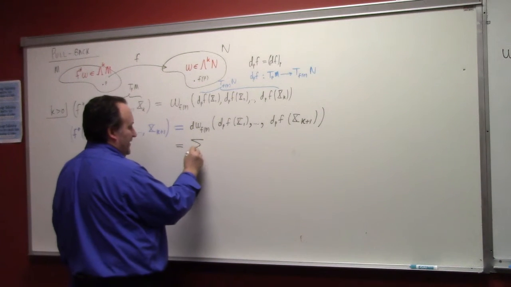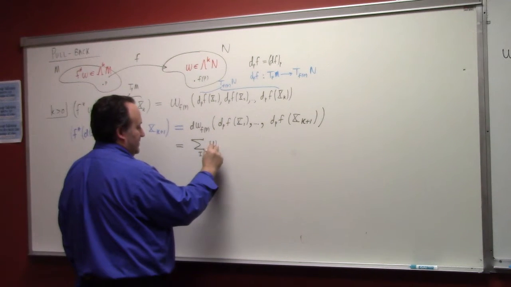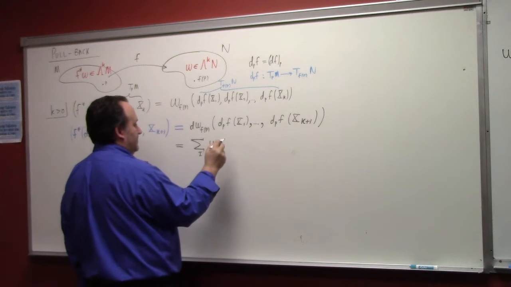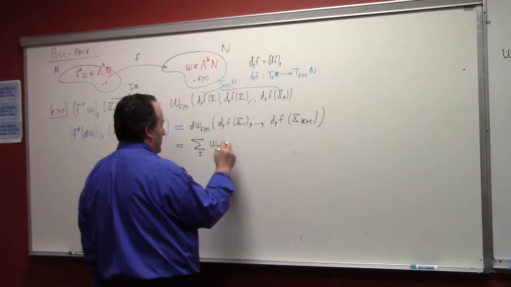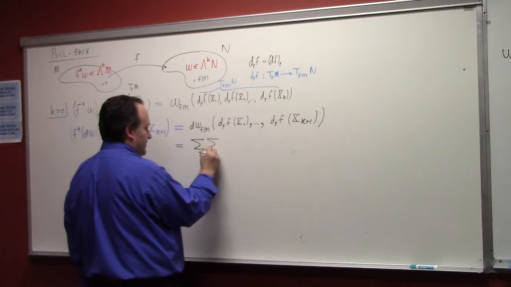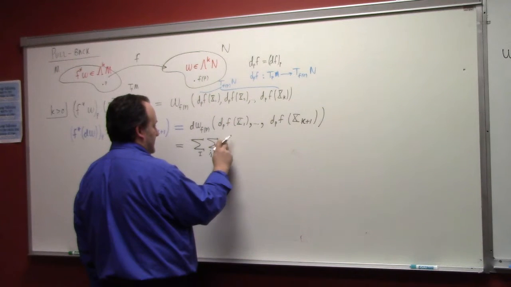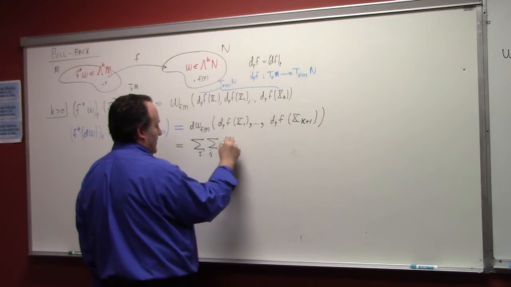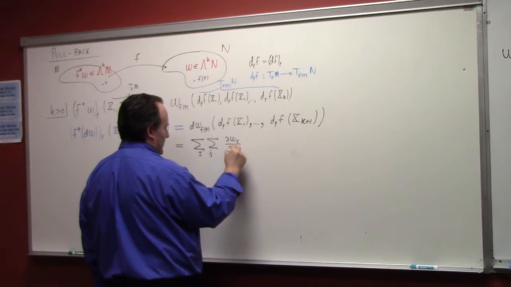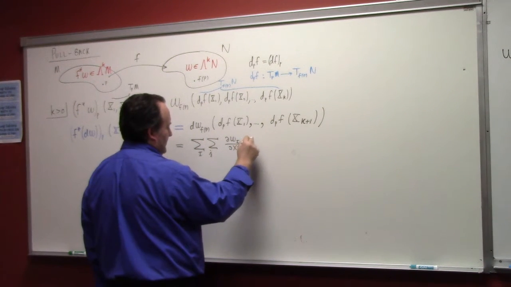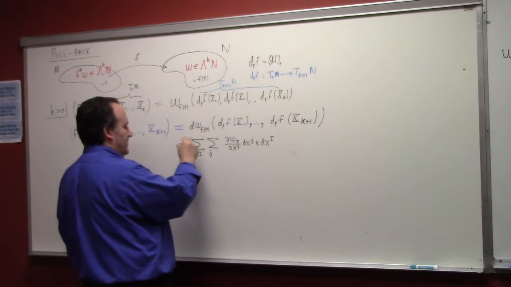So we're looking at the sum over I of omega sub I. Oh, my bad, it's sum over I, sum over j, of partial omega I, partial x j, dx j wedge dx I. That's my differential.